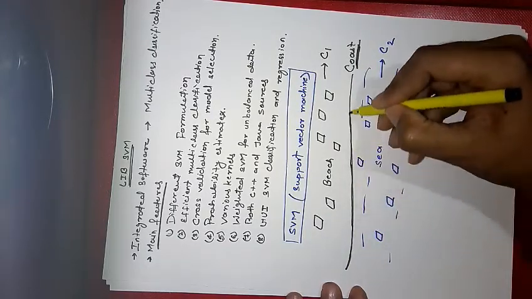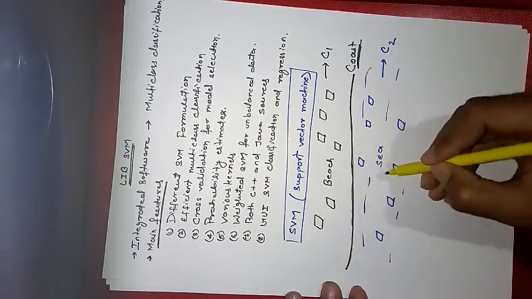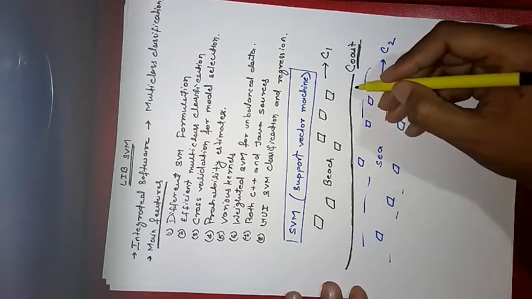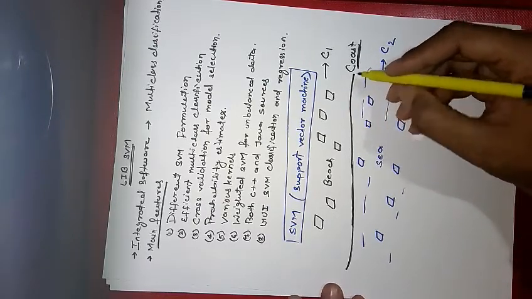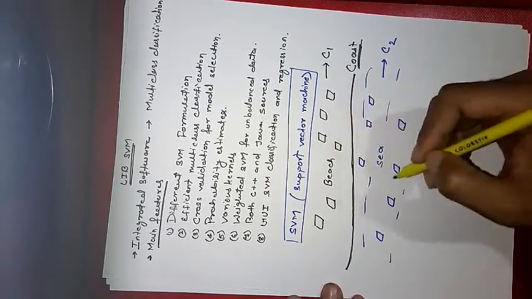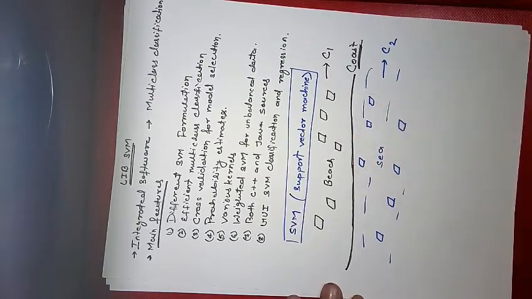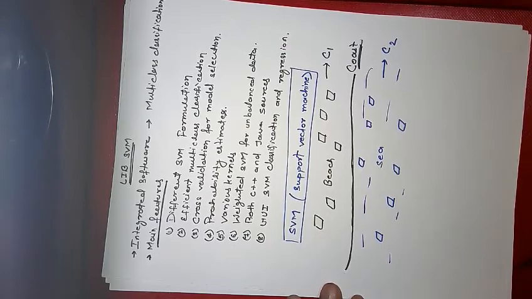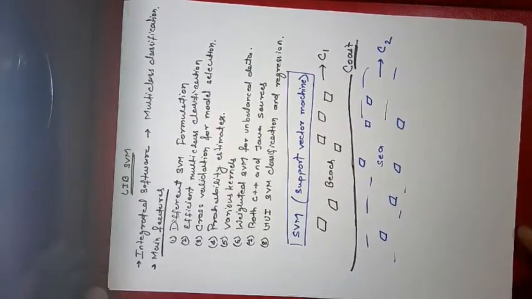This line separates the beach area, the land area, from the water area, and it can be said that this coastline classifies the two different objects, which have different features. So this is a simple example of how the support vector machine is used.